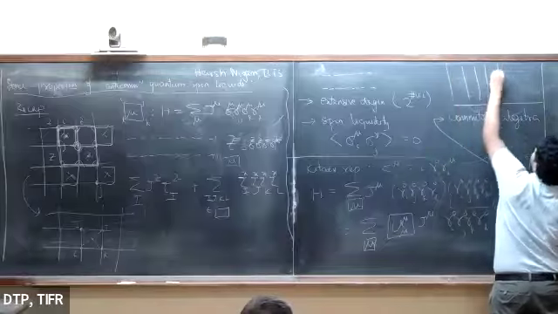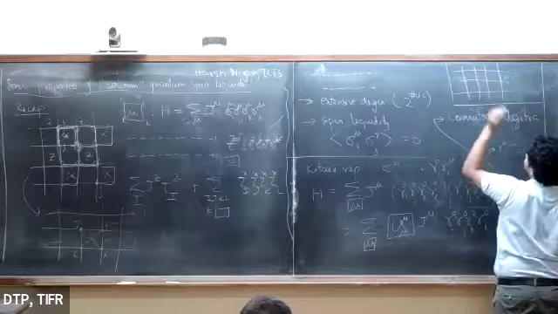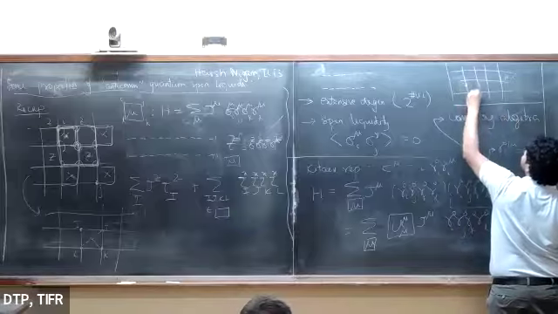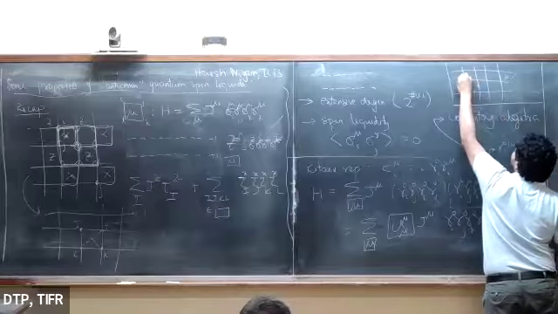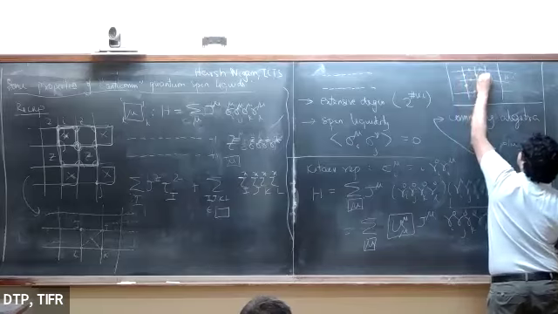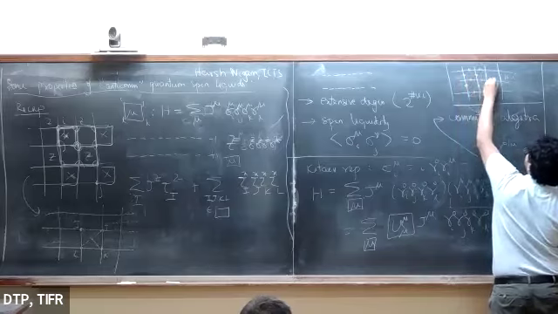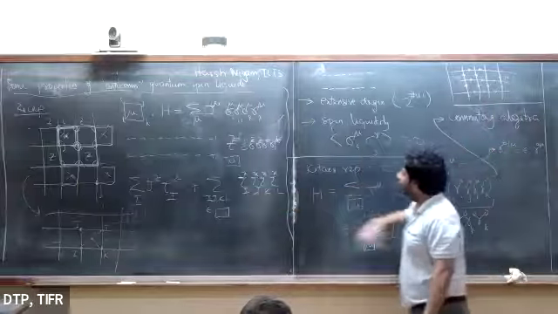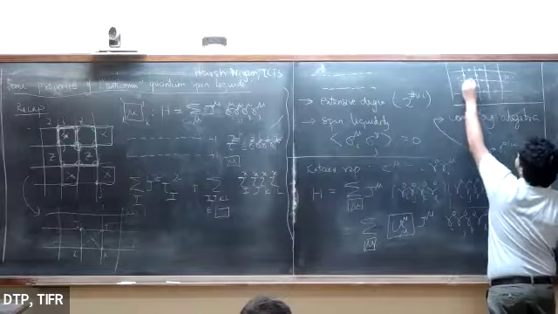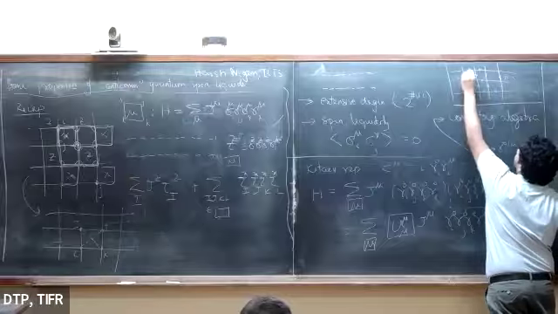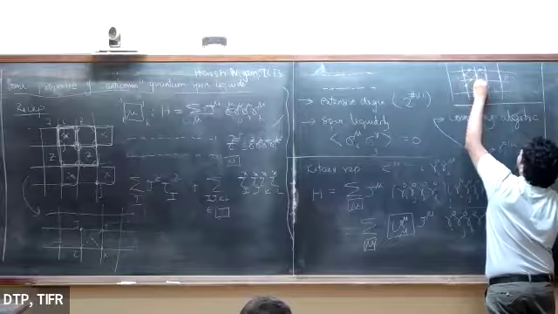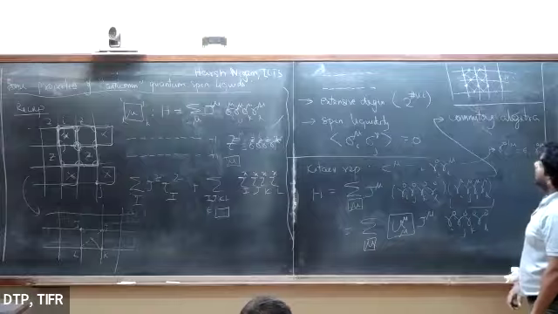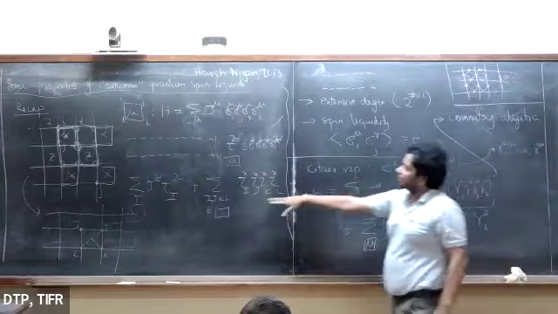You again take any lattice gauge theory, but Z2 for our discussion, you generally like to put the gauge variables on the midpoints of the links, and that's just a convention. And then you take these kind of 4-term plaquettes for these. And then you may put a transverse field.